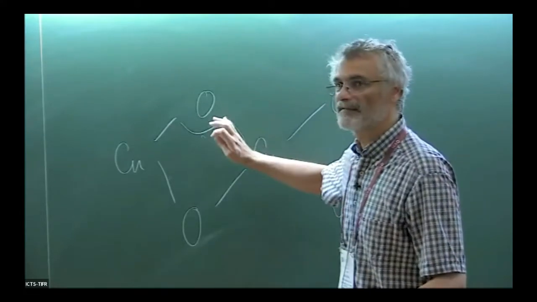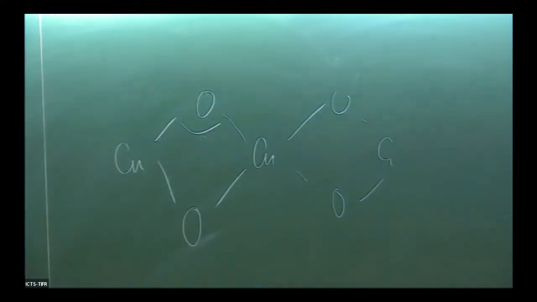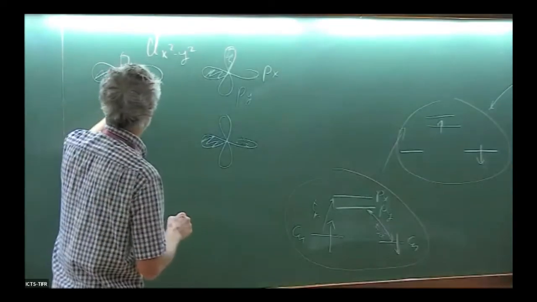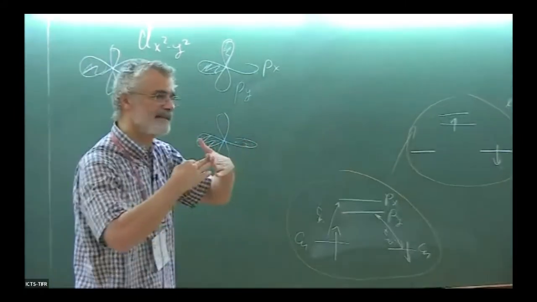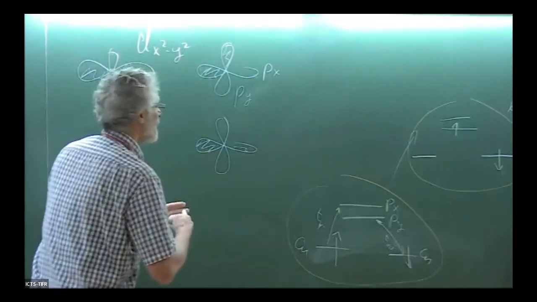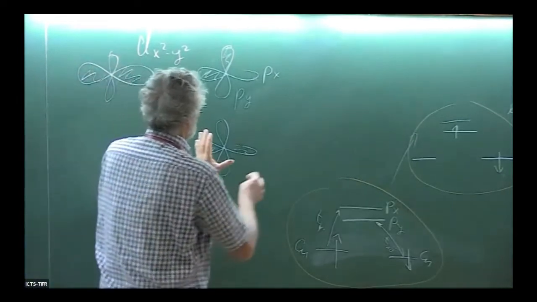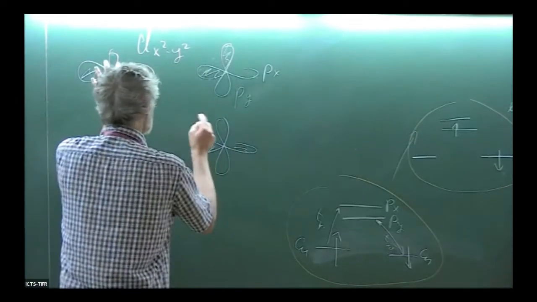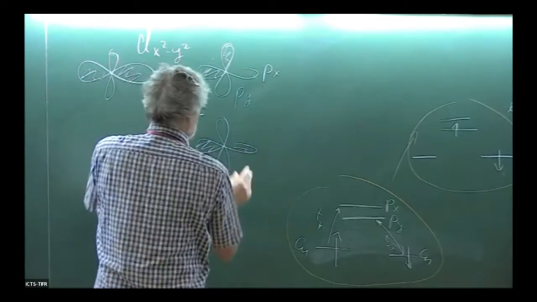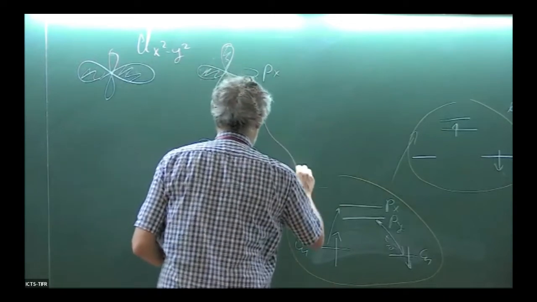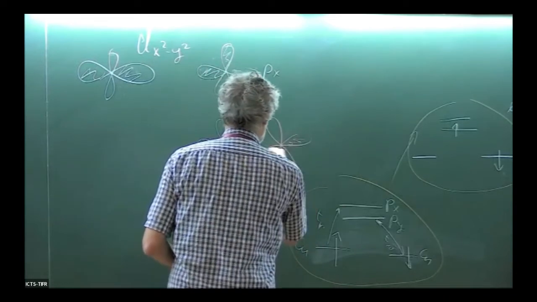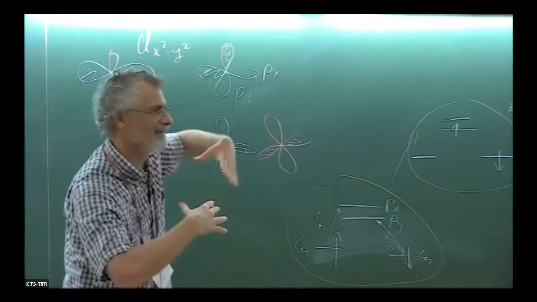If it is precisely 90 degrees, then the electron will hop from here to this oxygen side, and it cannot hop further. But if the angle is not 90 degrees, but some larger amount, think about it, this is maybe, I draw with red, slightly larger than 90 degrees.